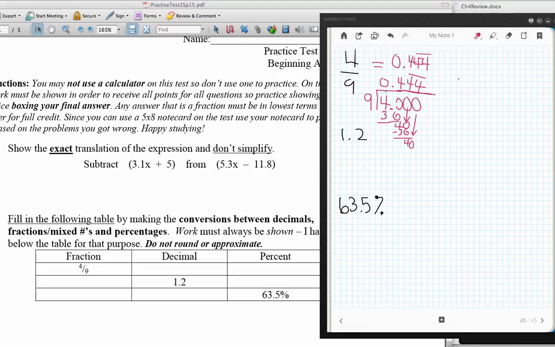Now if I want to change a decimal to a percentage, a percentage is a part of 100. So I need to change this into parts of 100. So if I look at this as 0.444444, so on and so forth, out of 1, and I want to say, okay, well, what is this equivalent to in terms of parts of 100? I could say to myself, well, what do I do to get from 1 to 100?